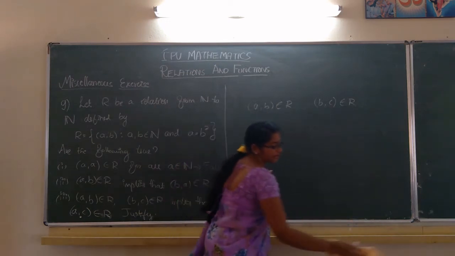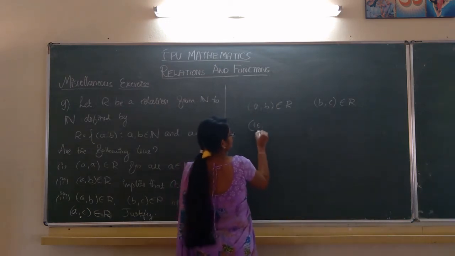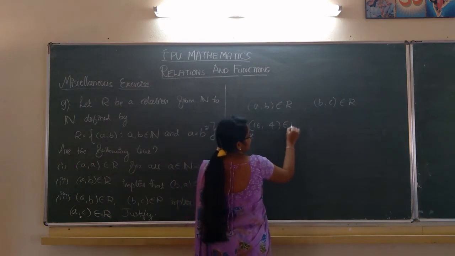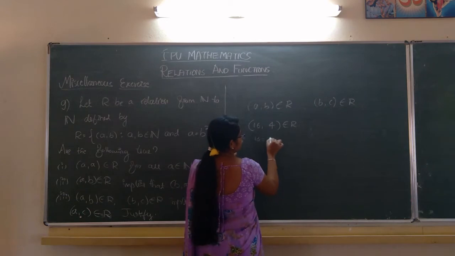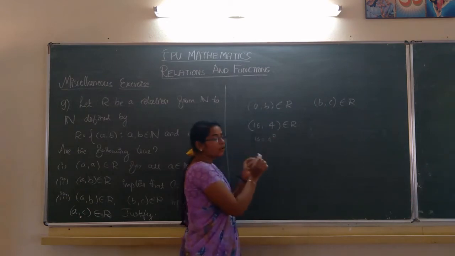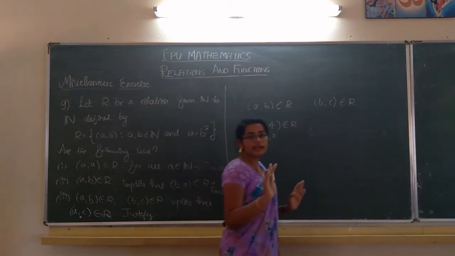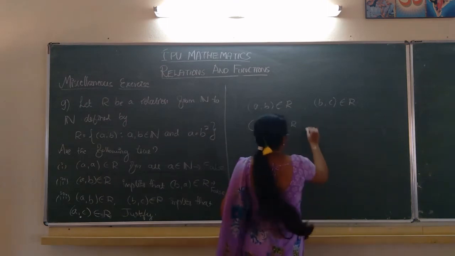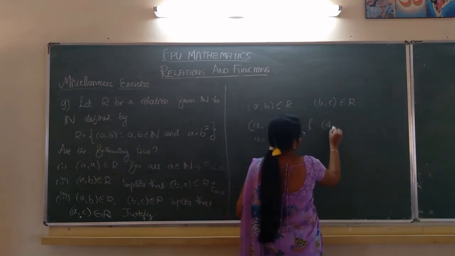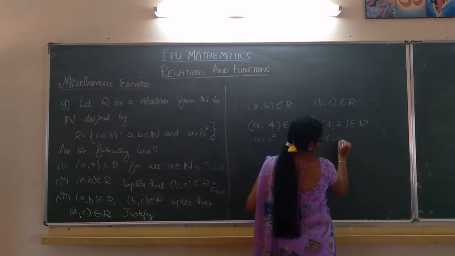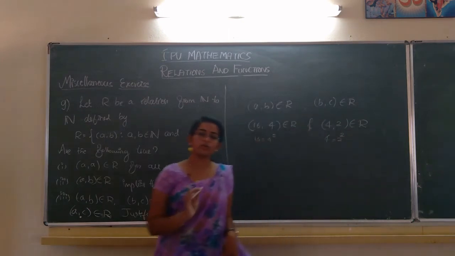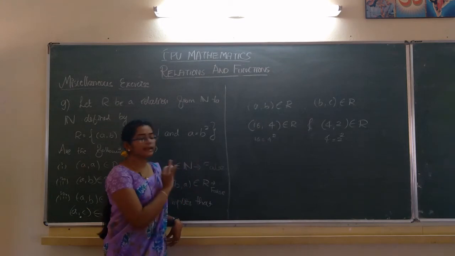Then it will be very easy. 16 comma 4 belongs to R, right? Why? 16 is equal to 4 square. So, I get 16 comma 4 is an ordered pair in R. And 4 comma 2 also belongs to R. Why? 4 is equal to 2 square. So, 4 comma 2 also belongs to the relation R.